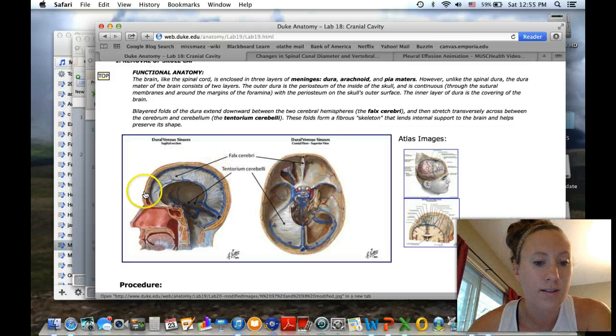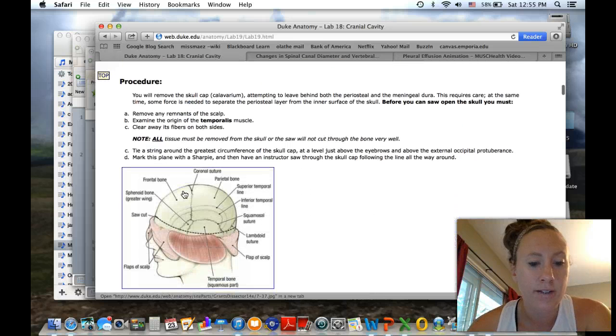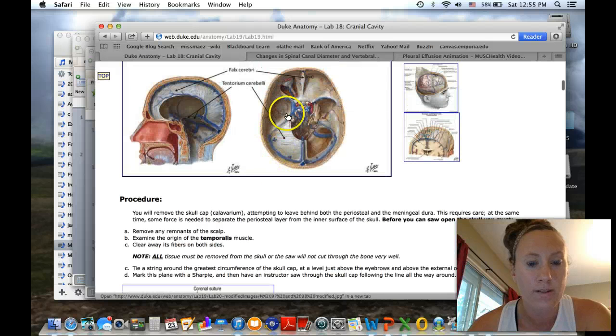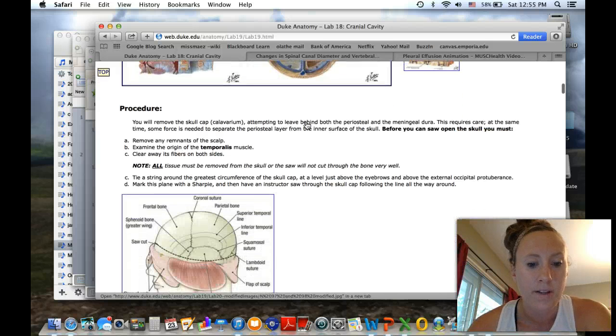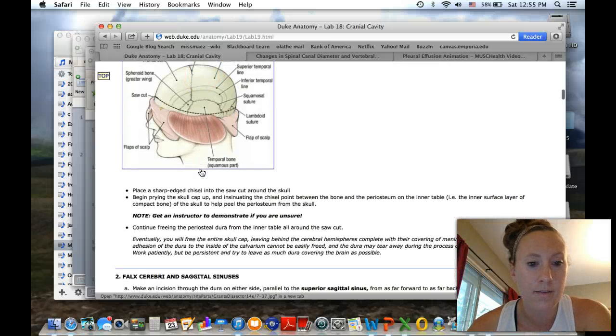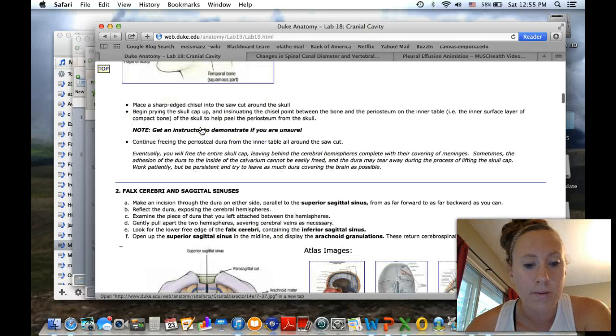They have cut this skull down the sagittal plane, and you can see inside this is where the brain would sit. If we go down here, this is how they cut the skull for this right image here. It's a transverse cut, and they had to peel back some flaps and some muscle before they were able to cut.